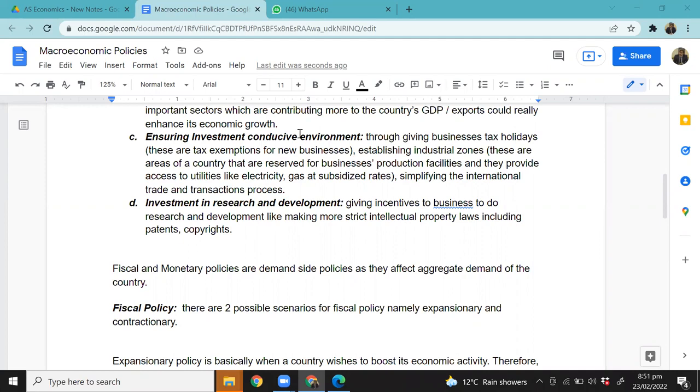In case of expansionary monetary policy, when the government lowers its interest rates, then exactly that is what will happen. People will borrow more, spend more, more investment, more employment, and overall higher economic activity. And vice versa, when interest rates are higher, people will borrow less, businesses will borrow less, less economic activity, and lower GDP, right?